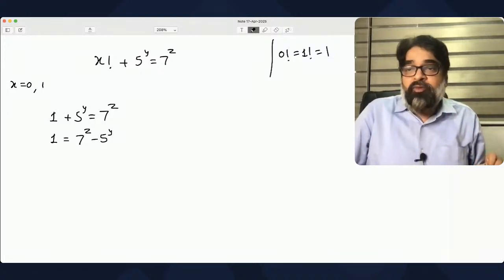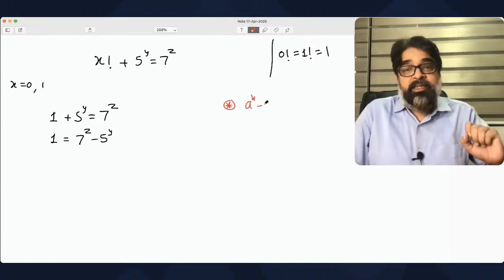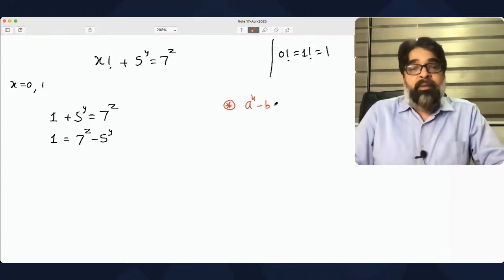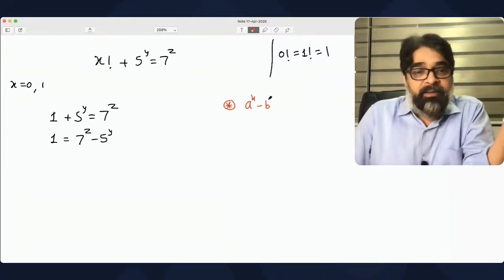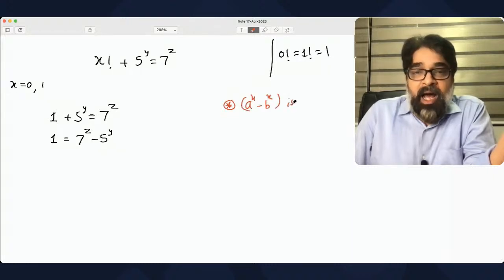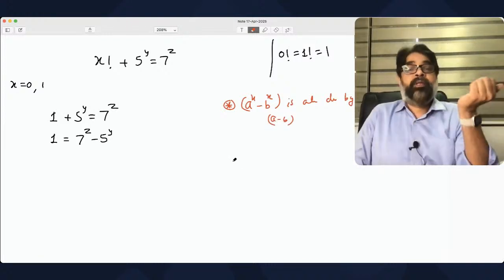I don't know how far you know this point, but you should know that a power x minus b power x is always divisible by a minus b.